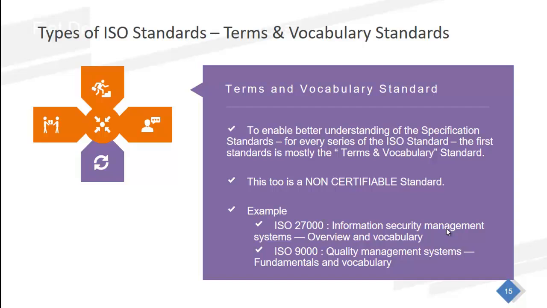ISO 27000 is overview and vocabulary on ISMS, and ISO 9000 is the fundamentals and vocabulary on QMS. These are non-certifiable standards that must be referenced in your pursuit to implement the certifiable standard or the specification standard of that family.